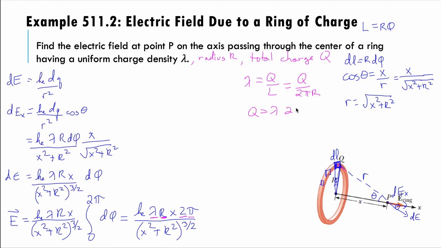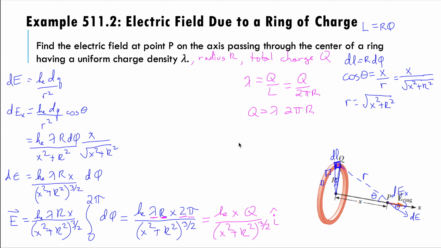Q equals lambda times 2 pi r. So what we can do is we can rewrite this as q to get ke x q over x squared plus r squared to the 3/2. And let's not forget a direction. We said that the electric field would be in the x direction, so we can just say i hat.